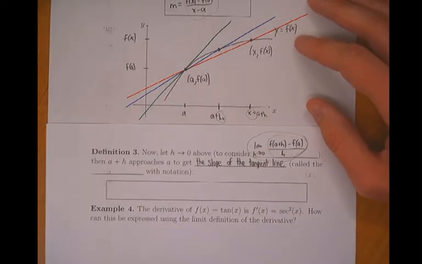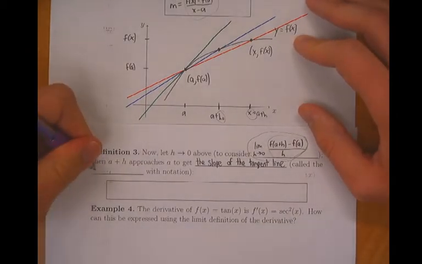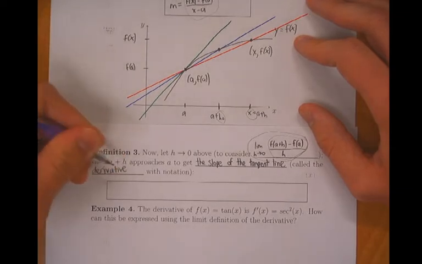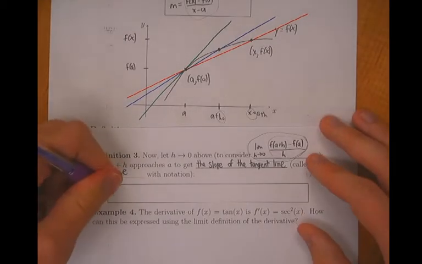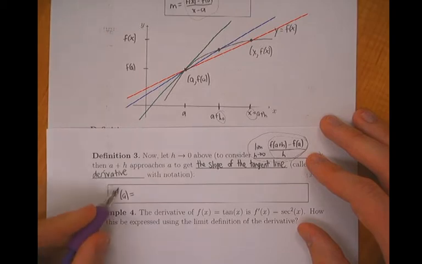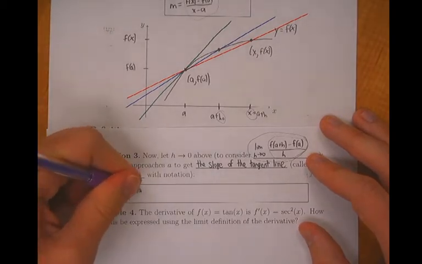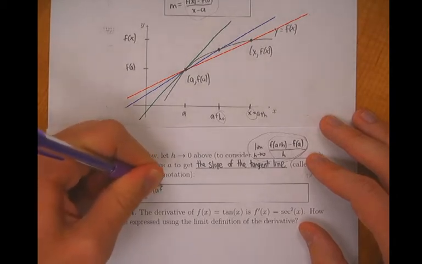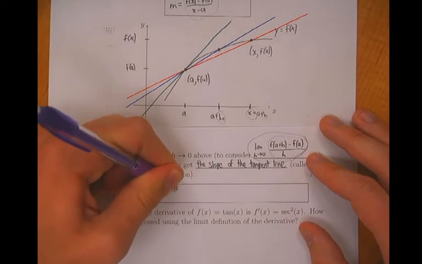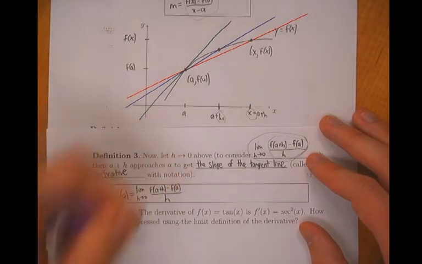And in the context of calculus, this is what's known as the derivative. Okay? And this has notation f prime of a. The prime here denotes derivative computations. Then we have the limit as h approaches 0 of f of a plus h minus f of a, divided by h.